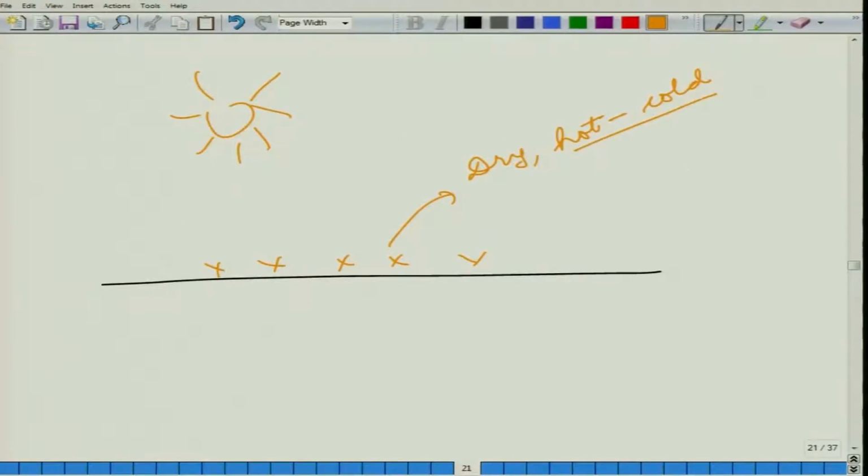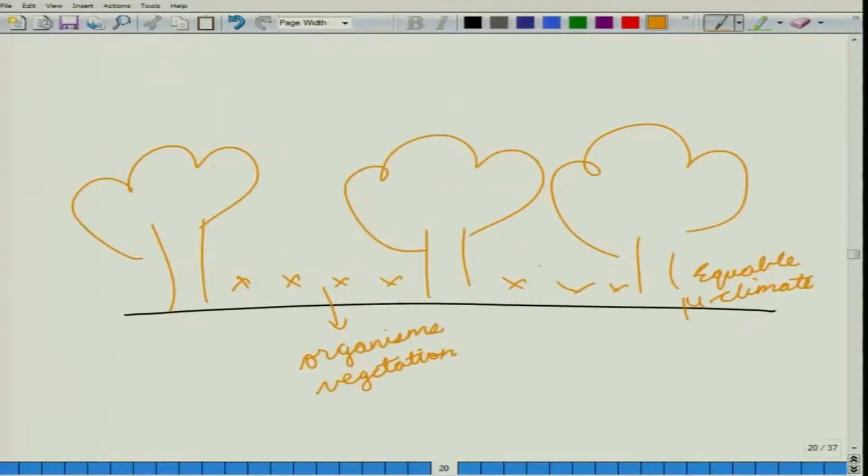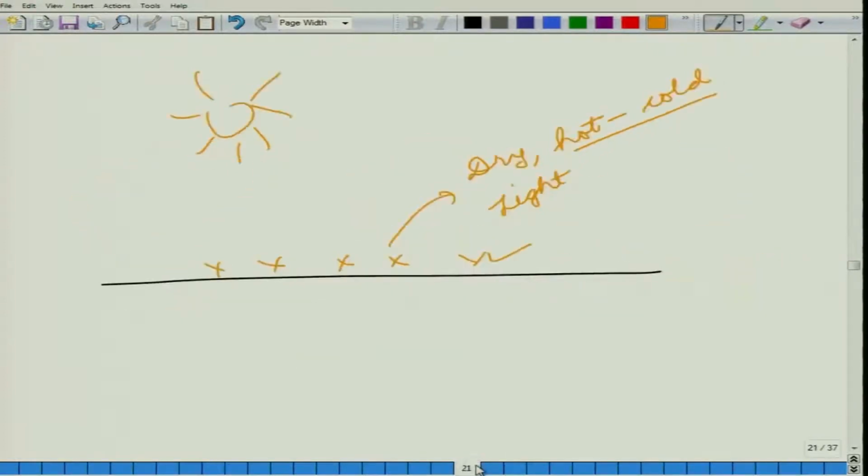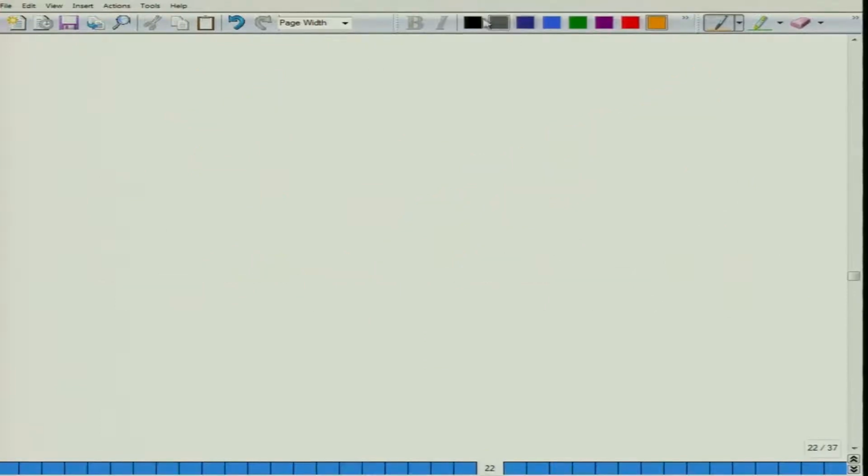We have this transition, plus this area has lots of light. So the kinds of species that you will find here will be very different from the kinds of species that you find here. And why would that be so? Because of a condition known as a norm of reaction.